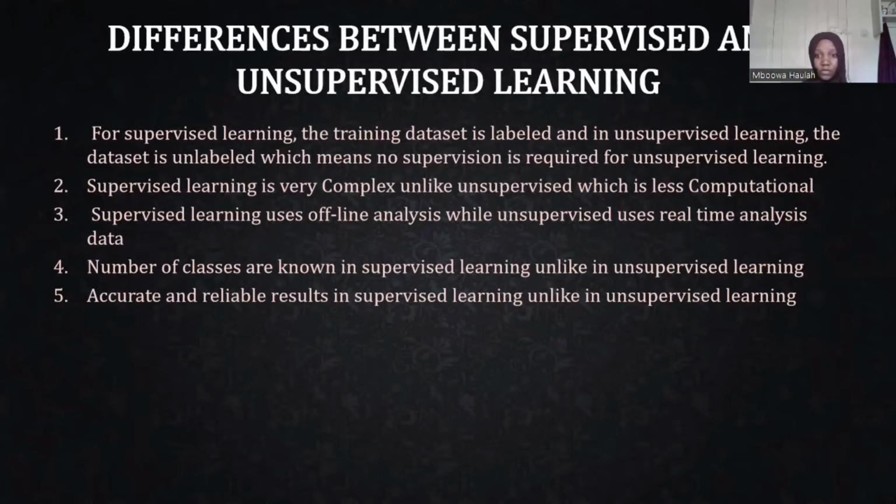In case of any bias in data, that's going to lead to a lot of losses, which we can't take responsibility for. The number of classes is known in supervised learning, unlike the unsupervised learning. And the very last one, we always have accurate results in supervised learning, unlike the unsupervised learning.